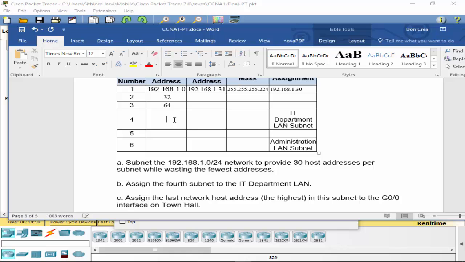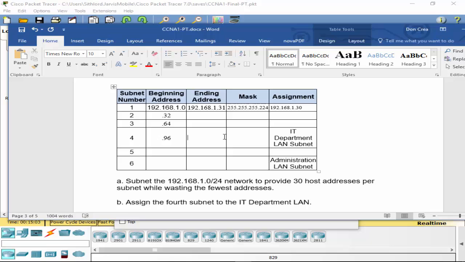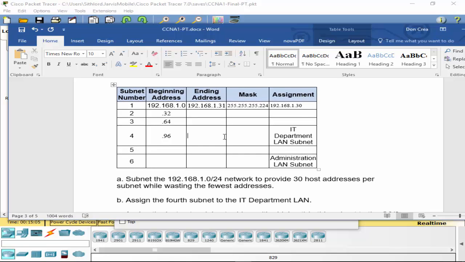So this one should start with .96, and it would go to, let's see, 127. And I got that all by adding 32, and this one, 128, would be the next network, so we subtracted 1. Same subnet mask for all these subnets.